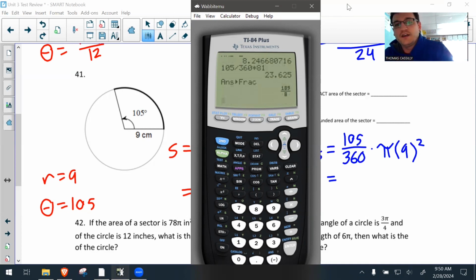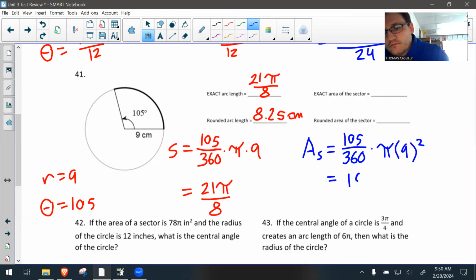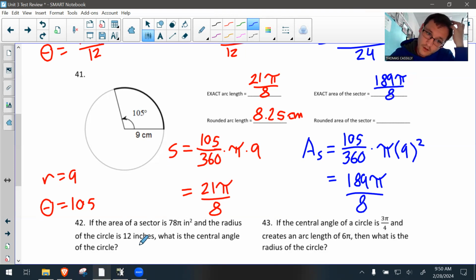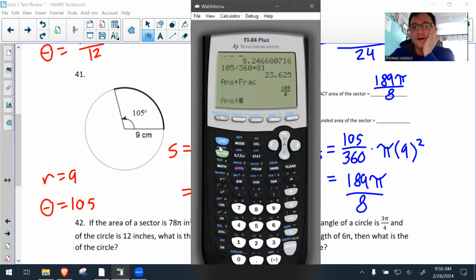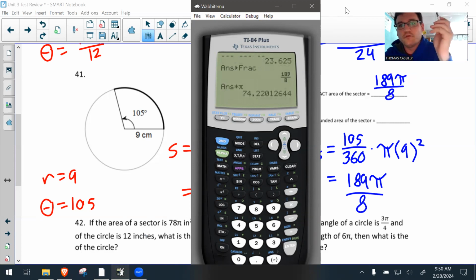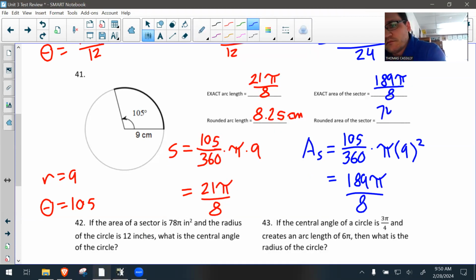That's 189 over 8. That is your exact value. Throw it in your calculator, multiply it by pi. Gives you 74.22. All right, there we go.